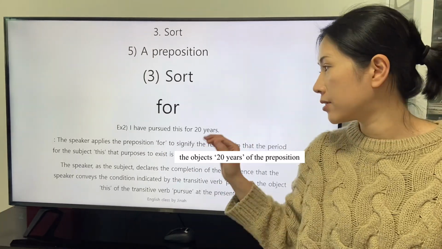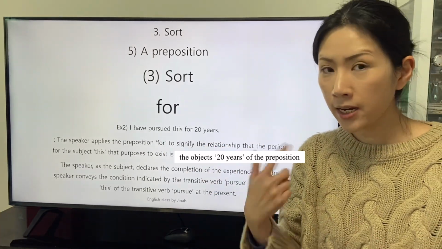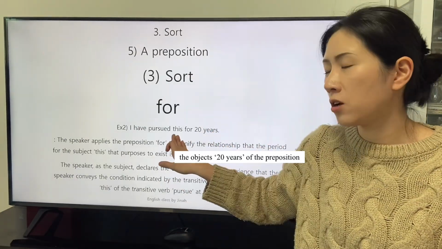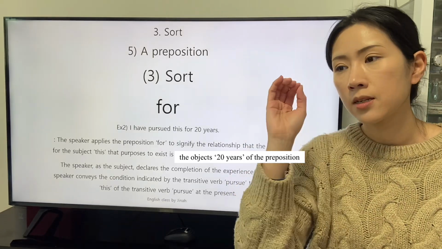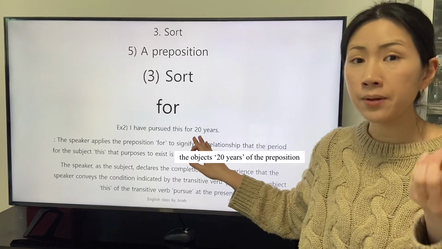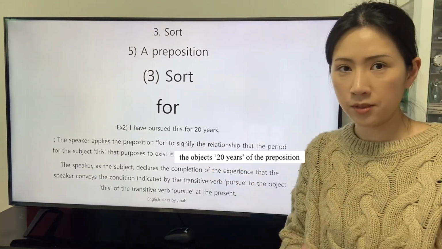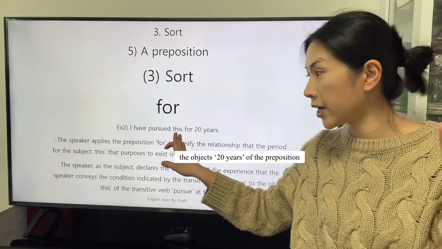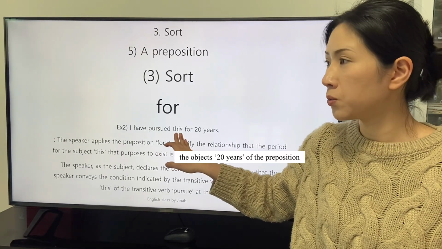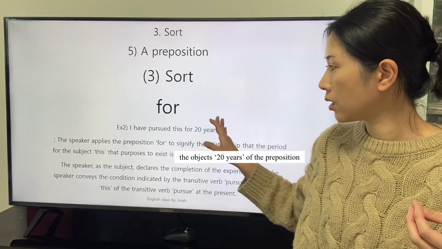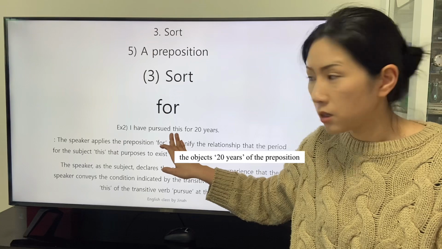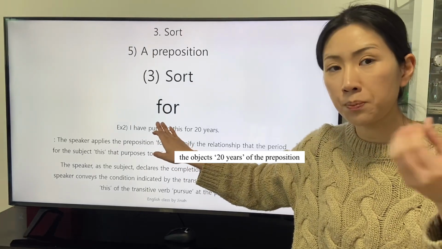With the fact that the purpose is indicated by a period, the purpose of the subject is to exist, the period indicated by 20 years. The subject of the preposition this that purposes to exist in the period is the object of the transitive verb pursue.